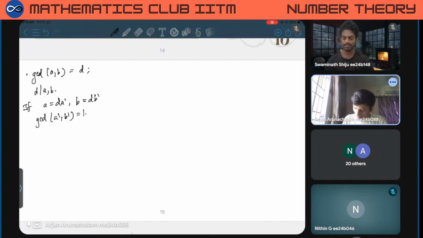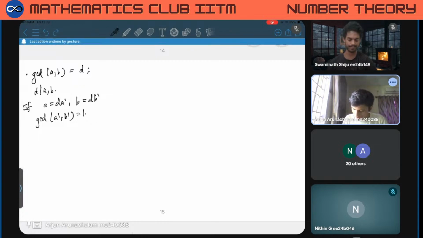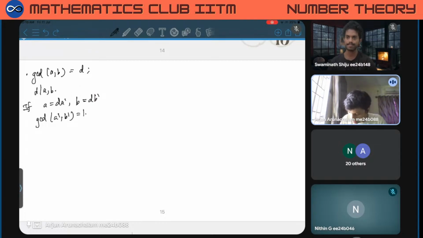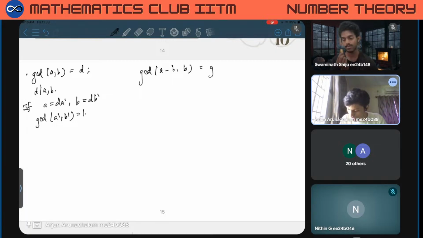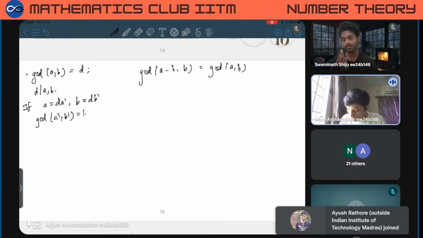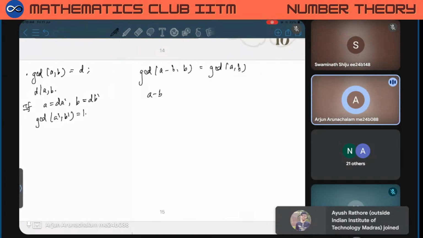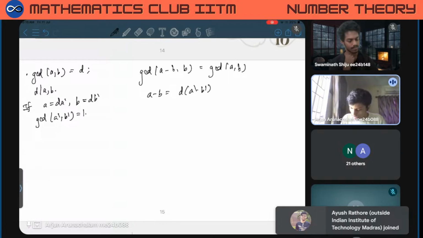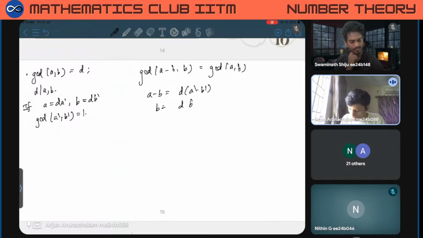So basically we have to prove that GCD of a minus b comma b is equal to GCD of a comma b. Right? So what it boils down to is that we have a minus b is equal to d times a dash minus b dash, and b is just d times b dash. So we need to prove that a dash minus b dash and b dash are coprime.